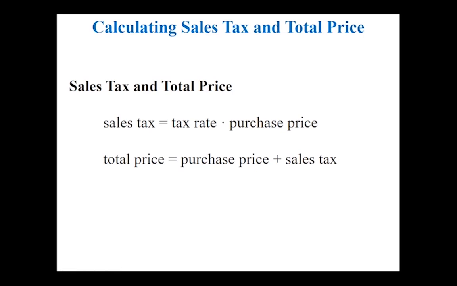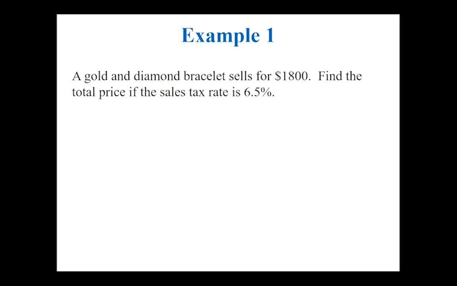So let's look at these real life examples. A gold and diamond bracelet sells for $1,800. Find the total price if the sales tax rate is 6.5%.